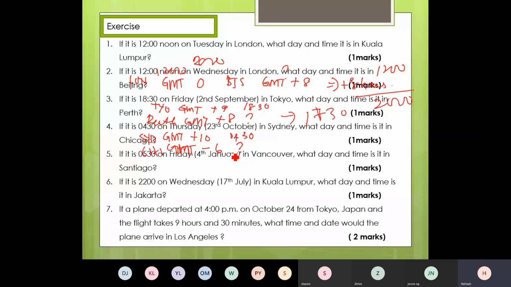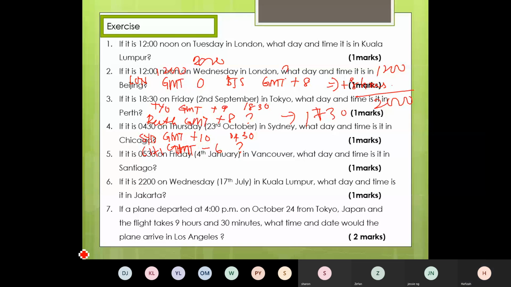Anyone get the answer? 12:30, 22 October. How did you get that? Do the others get it or not? Is it the same time? Yes.